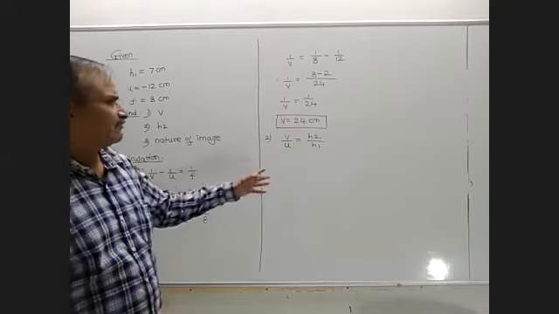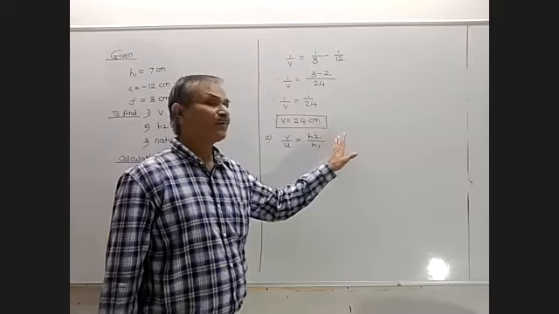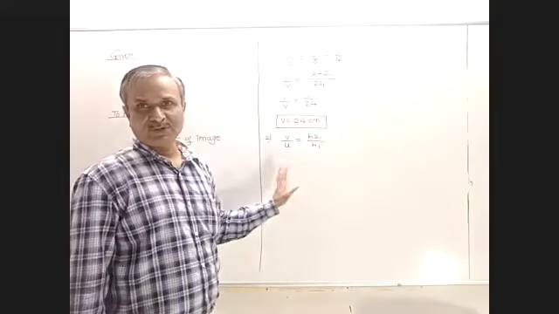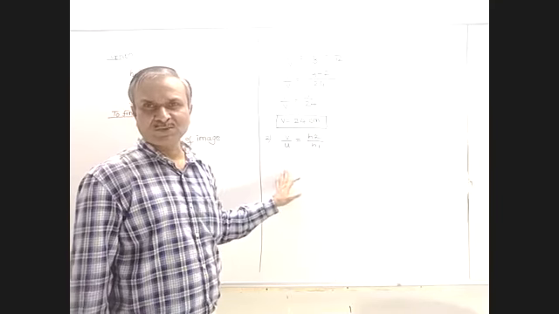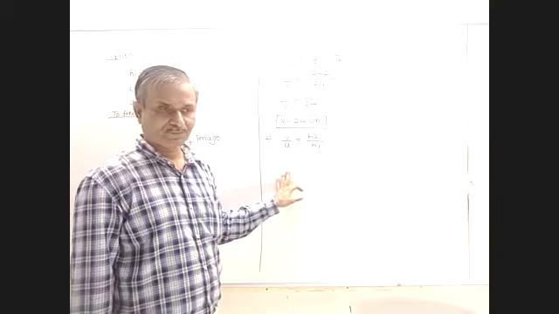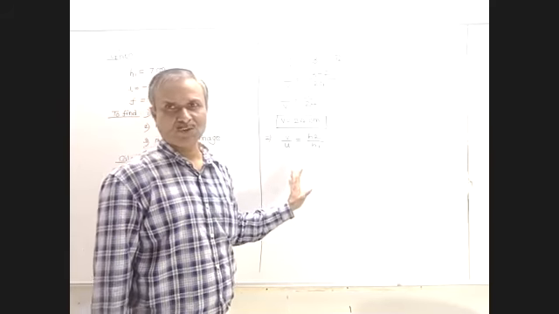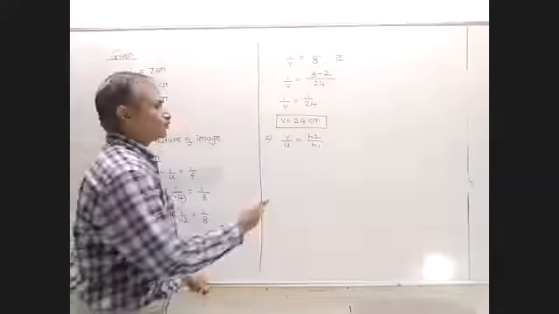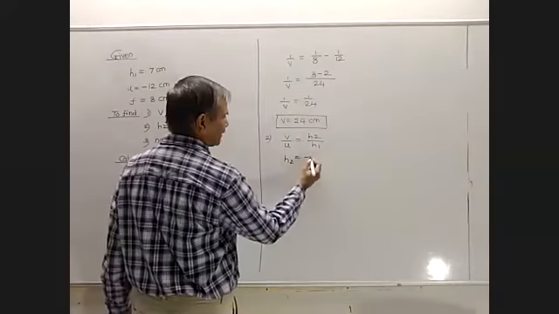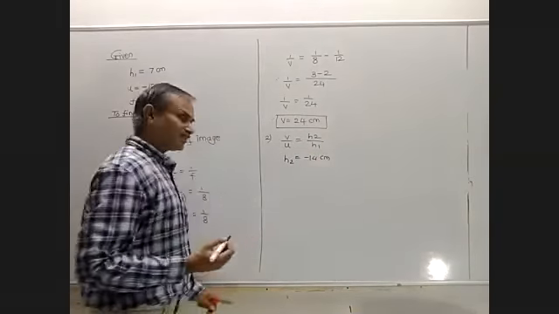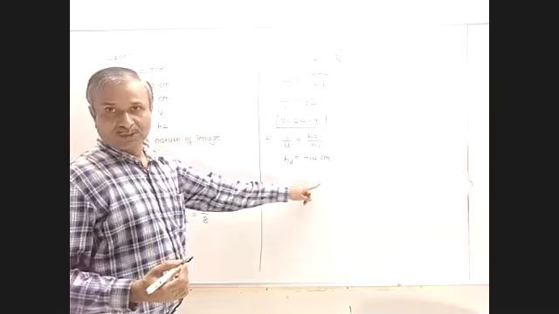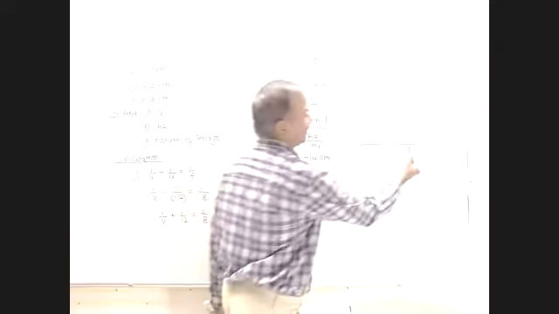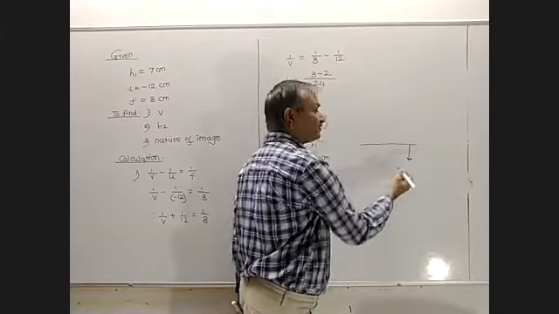So see whether everyone is getting h2 to be minus 14. Everyone got h2 to be minus 14, or does everyone want me to solve? Yes, sir. Okay. So look now, h2 is minus 14 centimeter. Always remember, if h2 is negative, it means it is downward, which means it is an inverted image.